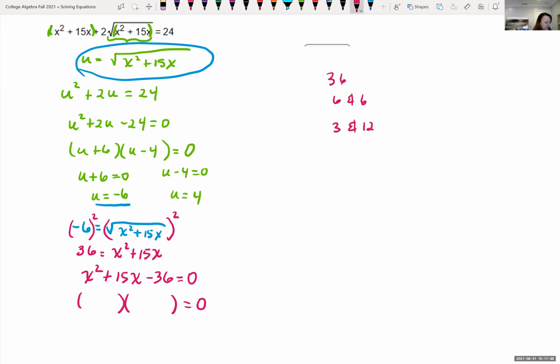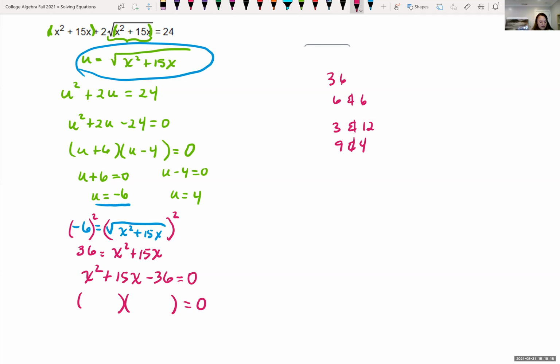And 12, that would multiply to give us 36, but that doesn't add to give us a positive 36. So 9 and 4 doesn't look like that works either. 36 and 1's not going to work. So I don't see any factors that are going to actually work to give us that.